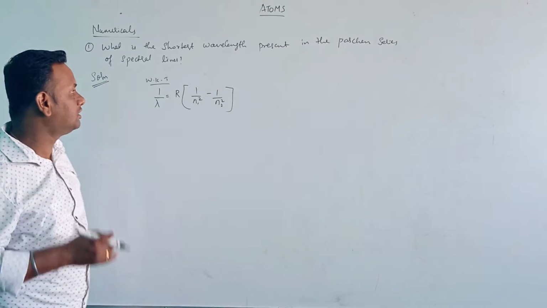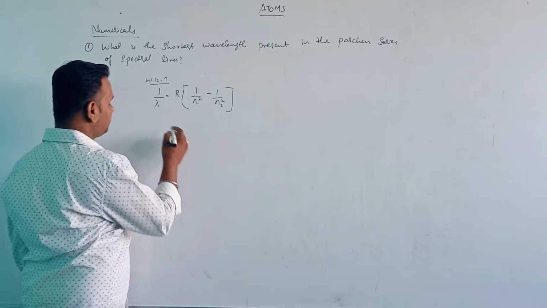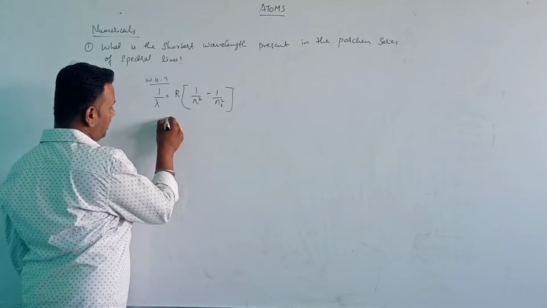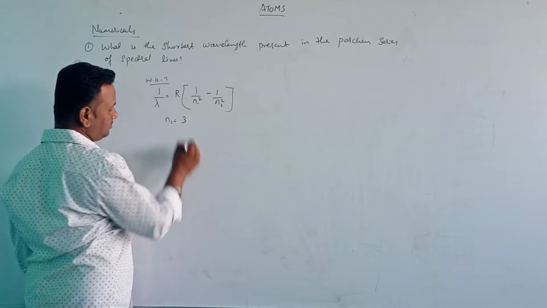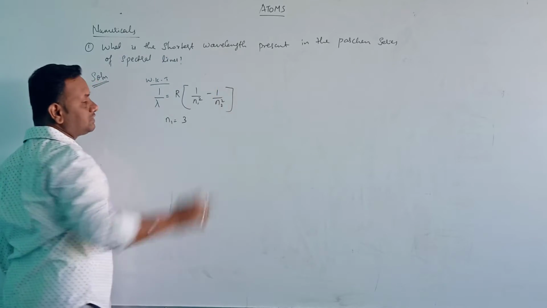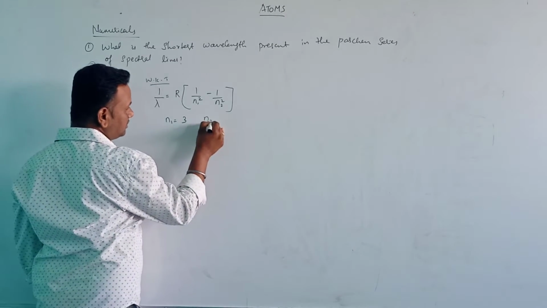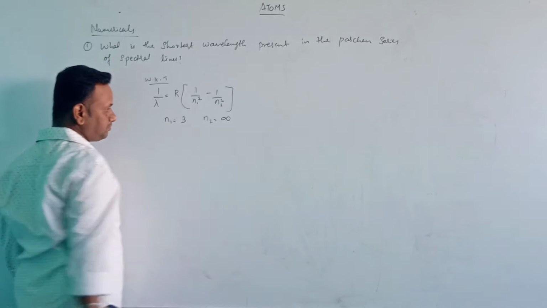Here in the Paschen series, what is the n1 value? n1 is equal to 3, and he is telling to find the shortest wavelength, so the n2 value becomes infinity.